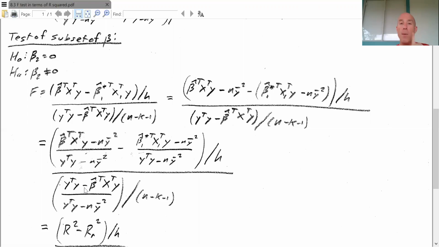Let's take a moment to look at that. This is just going to be R squared for the full model. This is R squared for the reduced model. This is the same as what we had in the previous F statistic, so this is going to be 1 minus R squared.